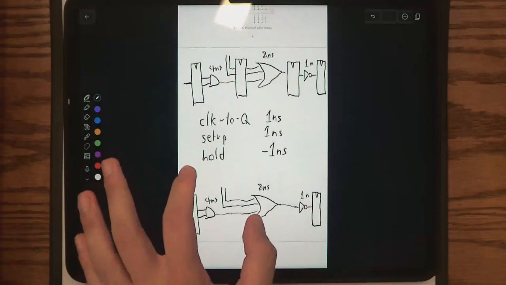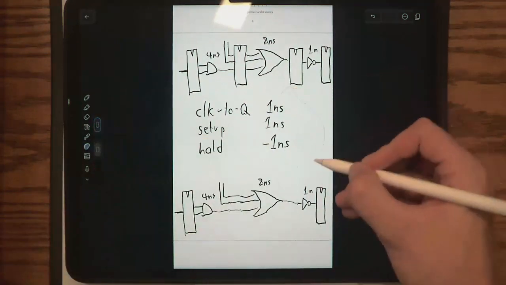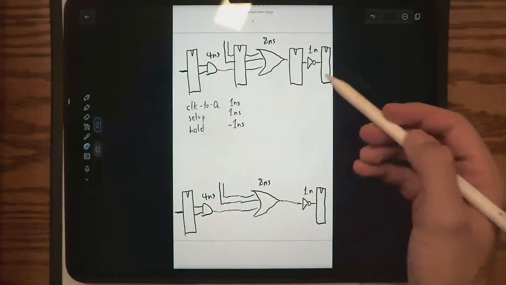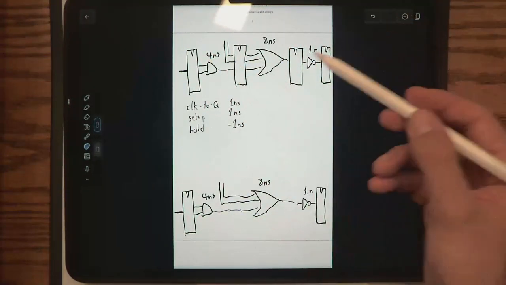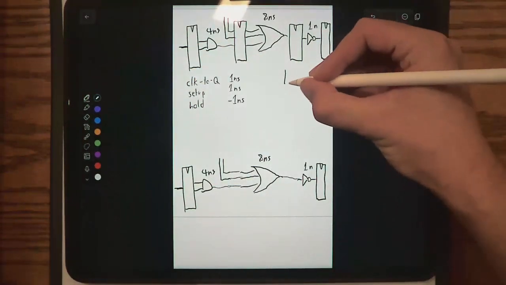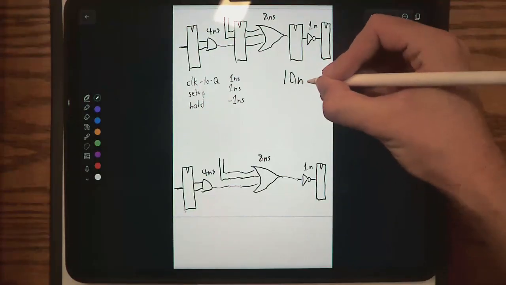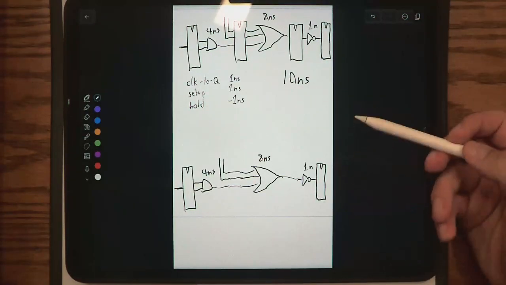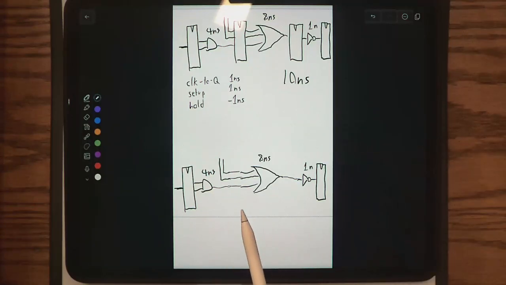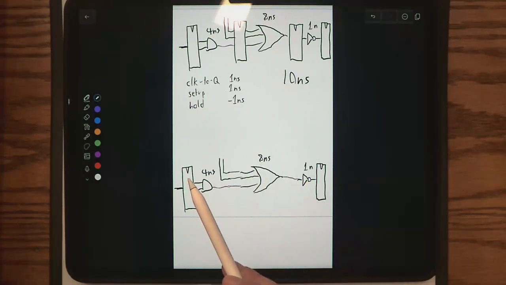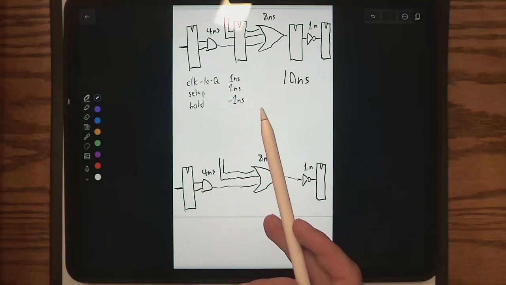Let's really cement that in. So remind me, what is the minimum clock period that this can run at? So this is 10. What is the minimum clock period that this design could run at? So it'd be 9 plus 8, so 12, then 13, but then plus clock to Q and plus setup.